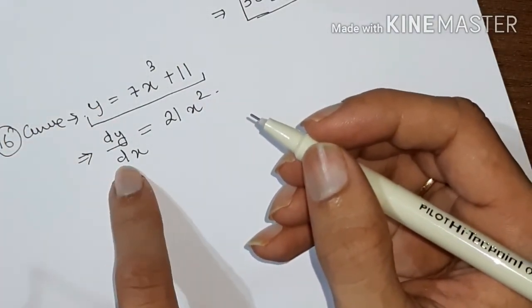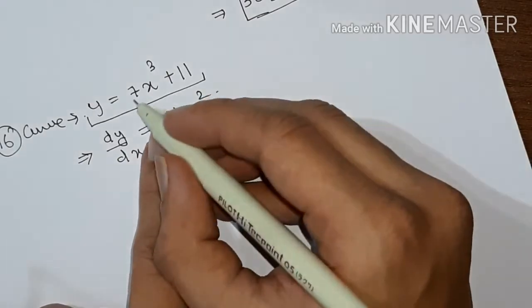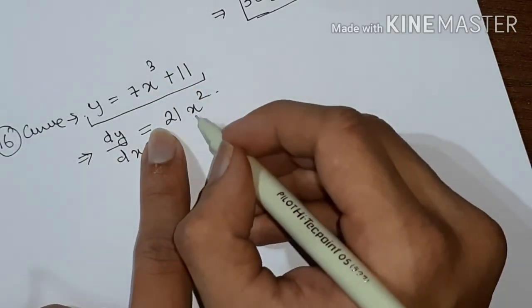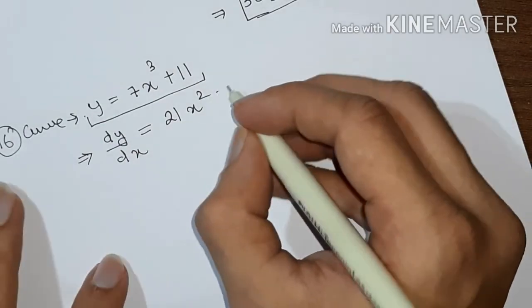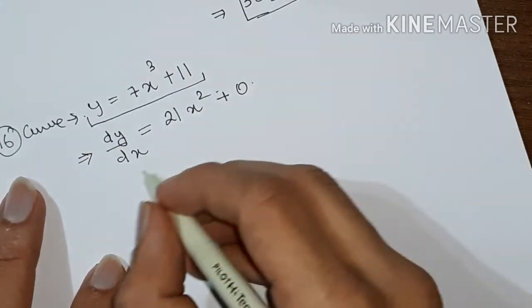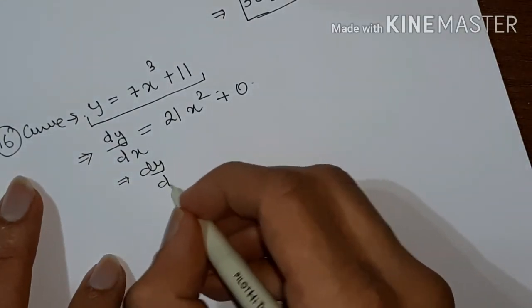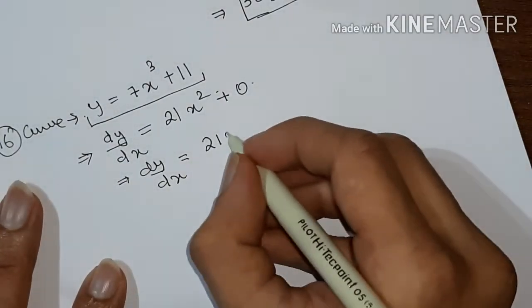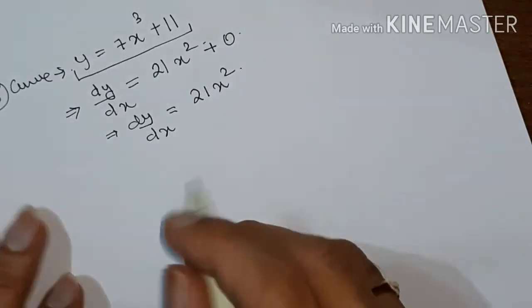So dy by dx equal to what? 7 multiplied by 3 is 21 x square, right? That is the derivative of this, and derivative of 11 is 0. So dy by dx is equal to 21 x square, right?